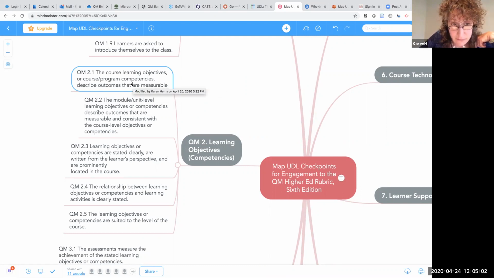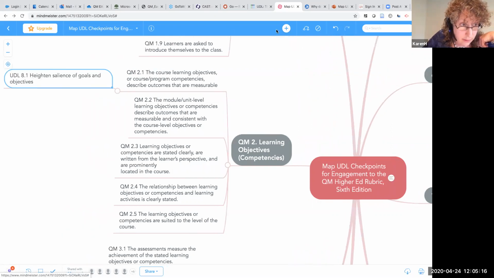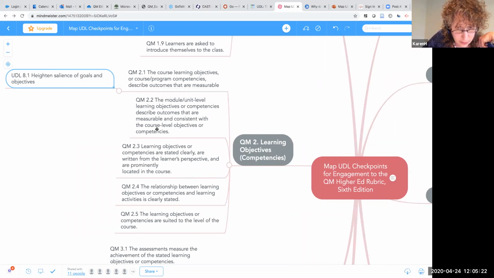So maybe I feel that that UDL checkpoint maps to this QM specific standard. So I click on that standard, and then I click on this plus sign at the top, and I'm just going to paste it in there. So now I'm mapping a UDL checkpoint to a QM specific standard.